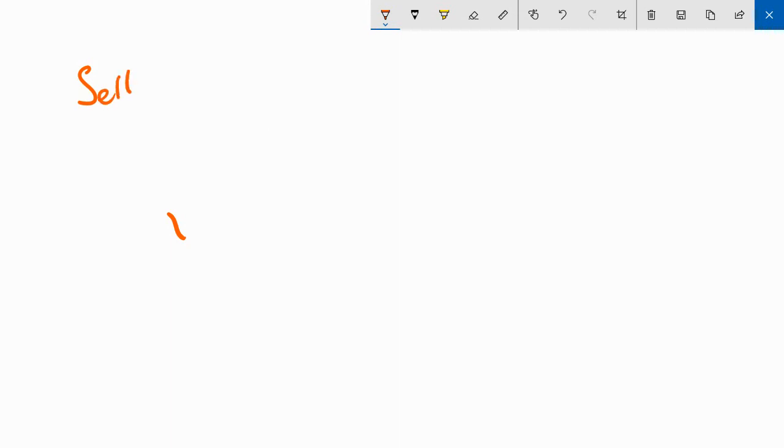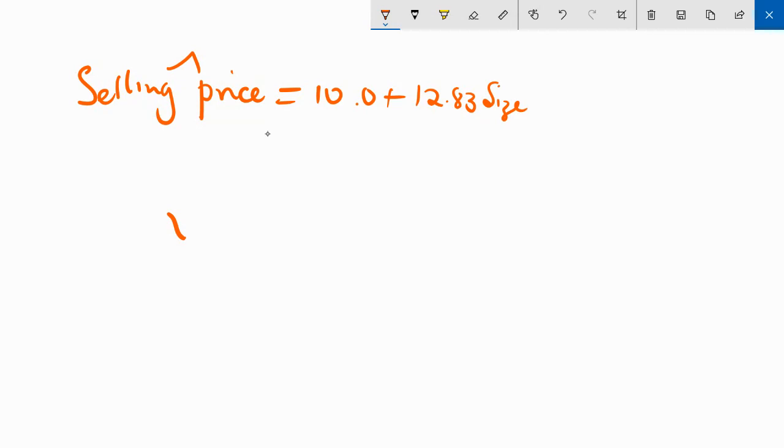We said the selling price equals 10.0 plus 12.83 size minus 0.058 age. This is what I was told.